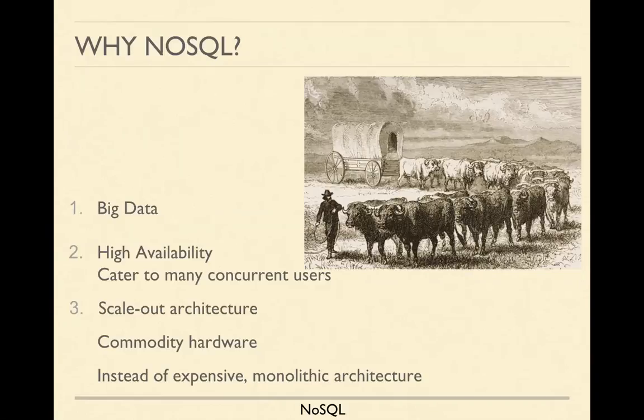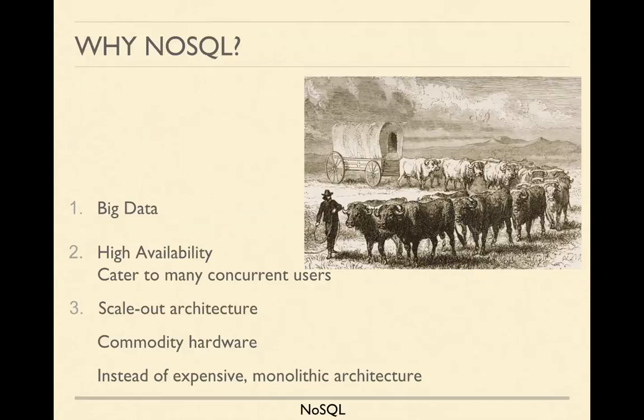possible into the cart. Meaning, in our case, we should be able to use many machines simultaneously to cater to all the users. Okay, you can think of Facebook, for example.